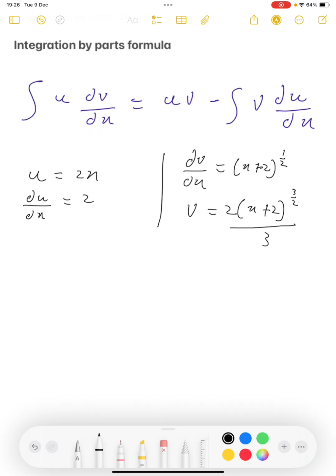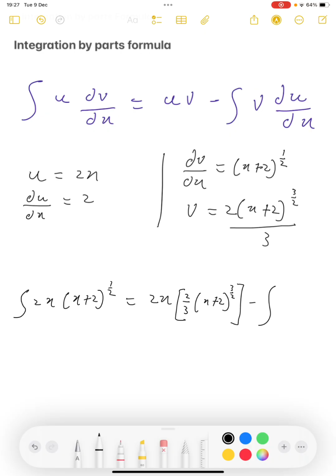Now, simply slotting in the values, the integral of 2x into (x + 2) to the power of half equals uv, 2x into v, minus the integral of v into u's derivative.